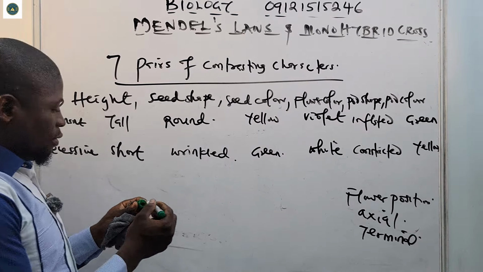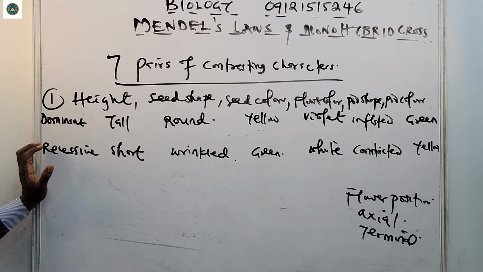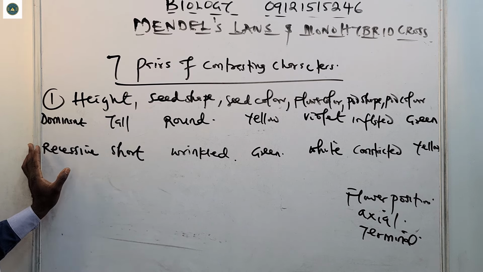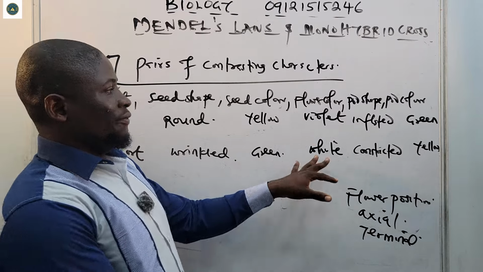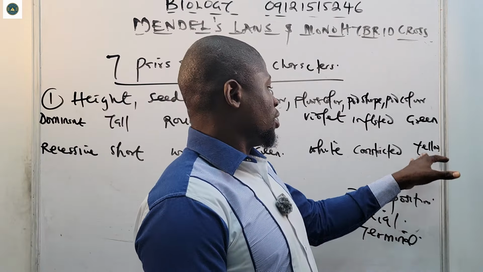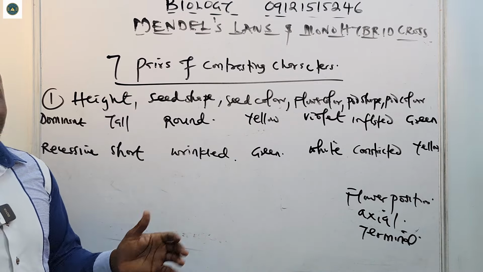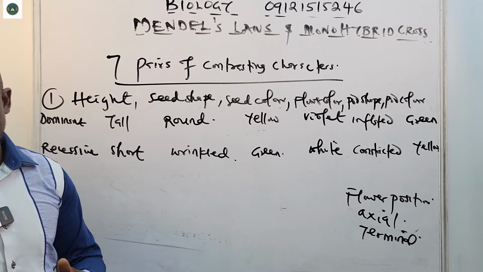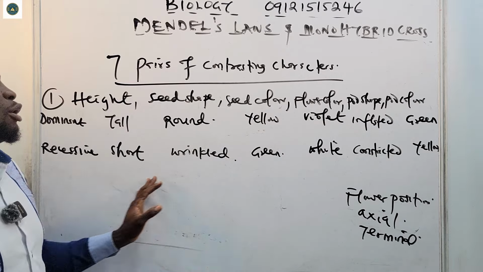So these are all of the contrasting characters that the pea plant had. It had 7 pairs of contrasting characters: the height, the seed shape, the seed color, the flower color, the pod shape, the pod color, the flower position. That means Mendel could have taken any of these characters to do his studies, so he had many options.